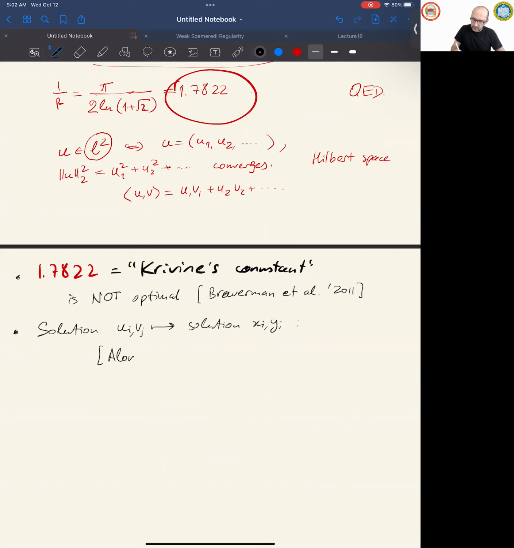The paper you can read is Alon and Naor, I think 2005, maybe. It's a constructive version of this, where from u_i, v_j vectors, you get labels by randomized rounding.